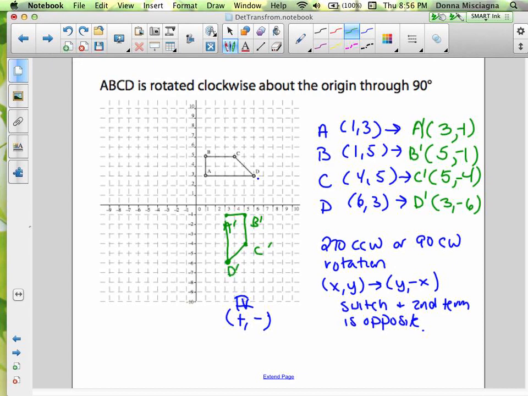There's D prime. Probably should have moved my letters up a little bit. If I just put in a new point there, there we go. Now it looks a little bit better. Now my points aren't in the middle of my figure. All right, so there we go.